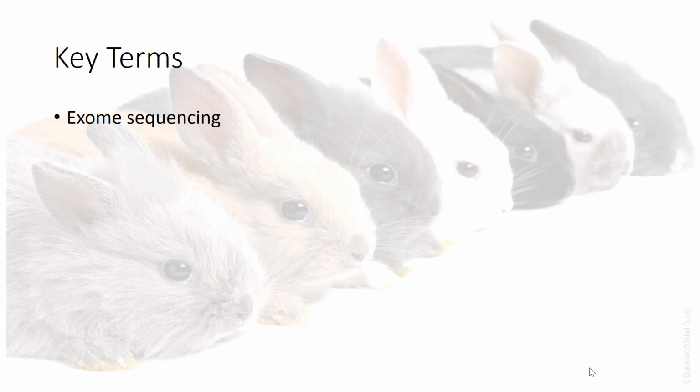And what we might do is what's called exome sequencing. In exome sequencing, this is where you sequence just the coding genes. Keeping in mind, most of our mutations that are associated with monogenic genetic illnesses are in coding genes, which should make sense.